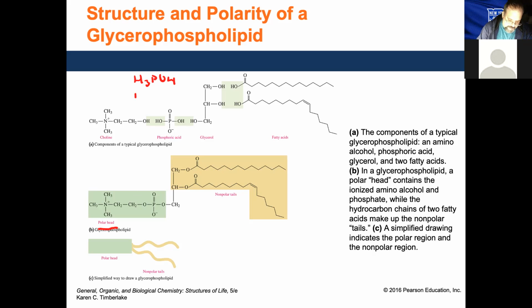It actually exists as its conjugate base, H2PO4 minus, which is this structure right here. And if you look at that structure, one of the oxygens has a negative charge. So when you link the choline, the phosphoric acid, and the glycerol together to give the phosphodiester bond and the head of a glycerophospholipid, you have two atoms that have charges. So this is a polar region.